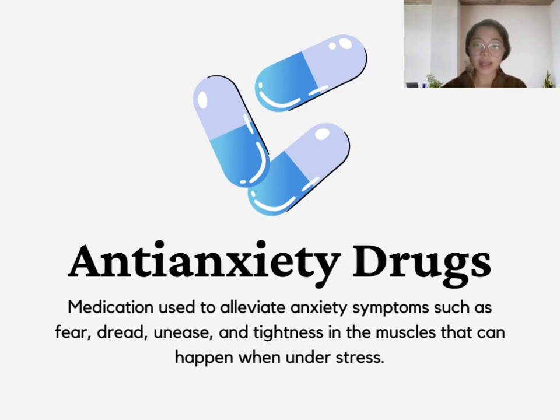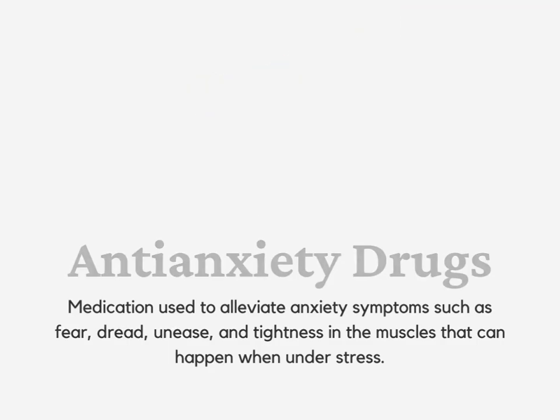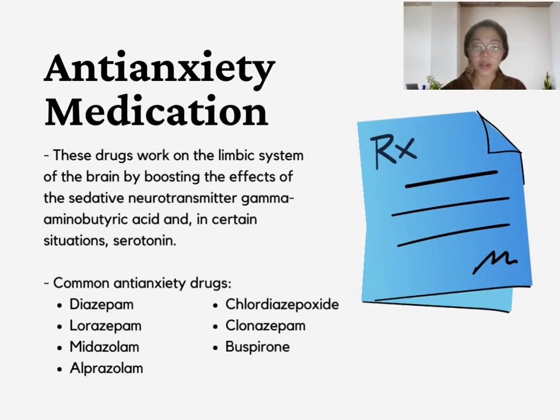Now, let us proceed to anti-anxiety drugs, also called anxiolytics, which are medications used to alleviate anxiety symptoms such as fear, dread, unease, and tightness in the muscles that can happen when under stress. Anti-anxiety drugs target key chemical messengers in the brain. This is thought to help decrease abnormal excitability.